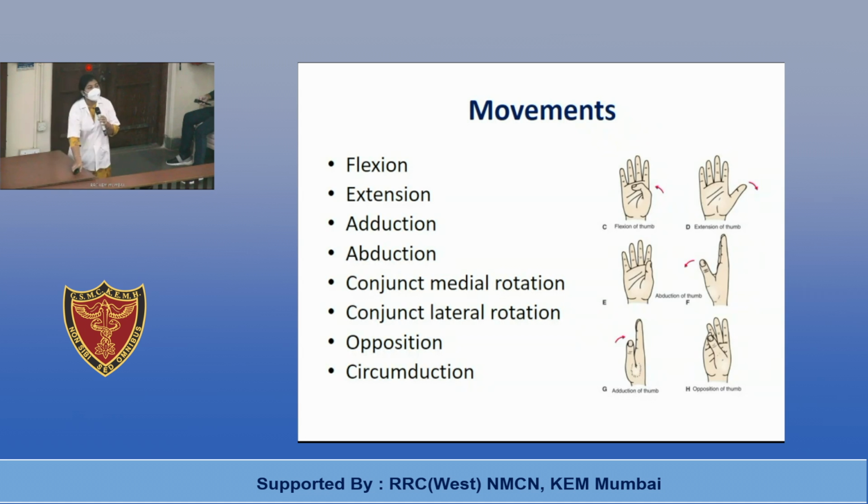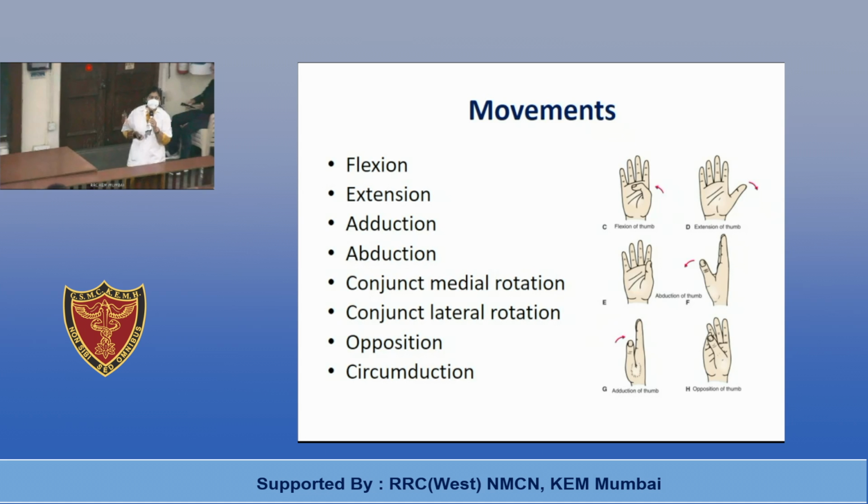Similarly, conjunct medial and lateral rotation of the thumb occurs with flexion and extension. Conjunct medial rotation occurs with flexion, and conjunct lateral rotation occurs with extension of the thumb at the first carpometacarpal joint. What are apposition and reposition? When the pulp of the thumb touches the pulp of the other fingers, this is apposition.